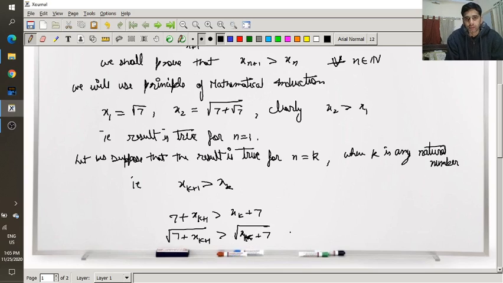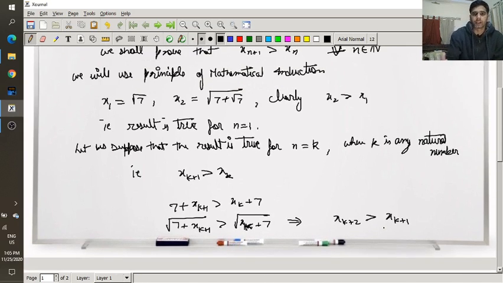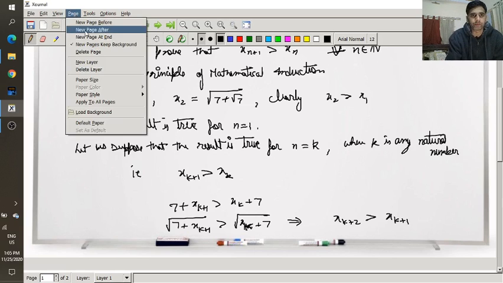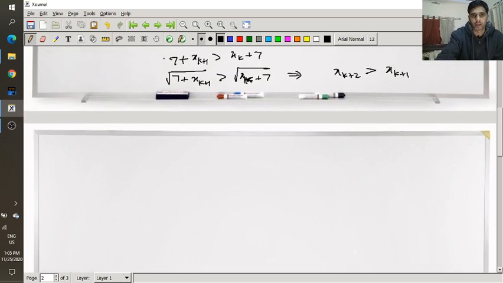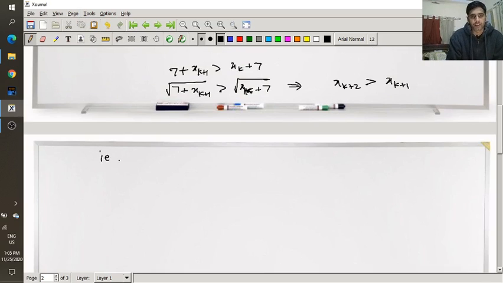So this implies: this is xk plus 2 and this is xk plus 1. This is term k plus 2 and this is term k plus 1. So k plus 2 is greater than k plus 1. That is what it means. The result is true for n equals k plus 1.